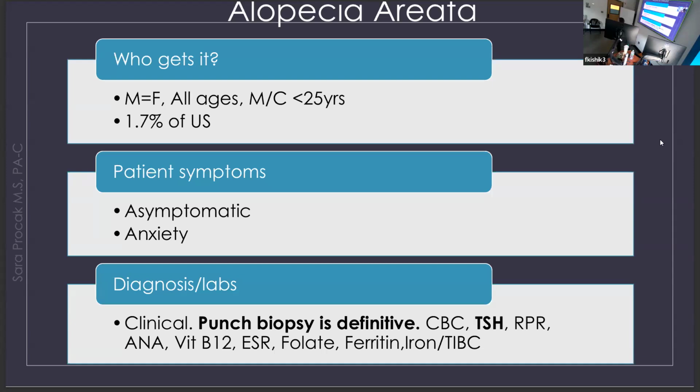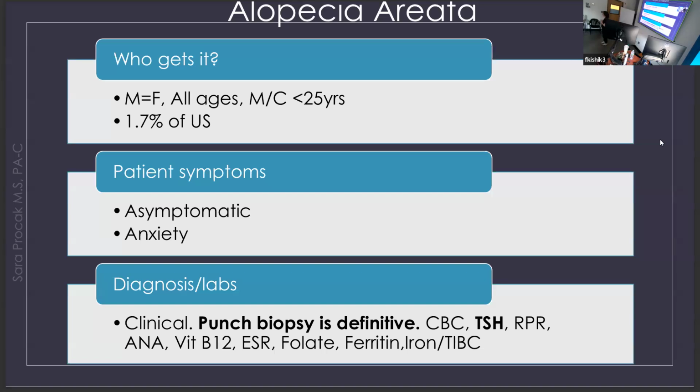I want to bring this up too. So RPR is for what? It's a condition that we talked about in a prior lecture. It can cause a moth-eaten appearance of hair loss.